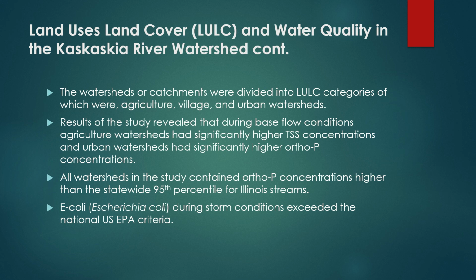All watersheds in the study contained orthophosphate concentrations higher than the statewide 95th percentile for Illinois streams. And E. coli during storm conditions exceeded the national U.S. EPA criteria in this region during the study.